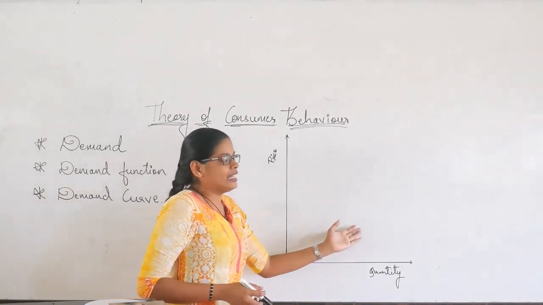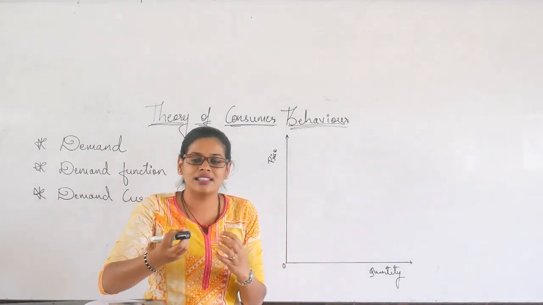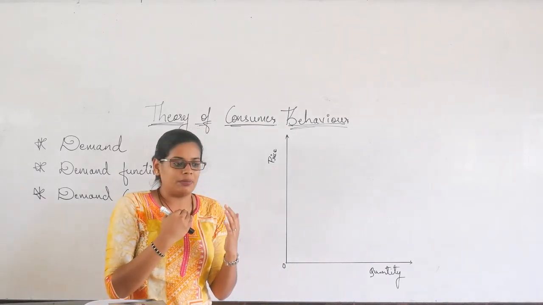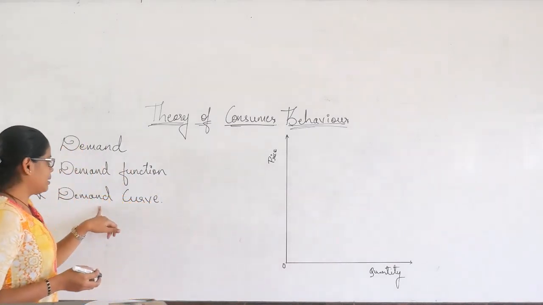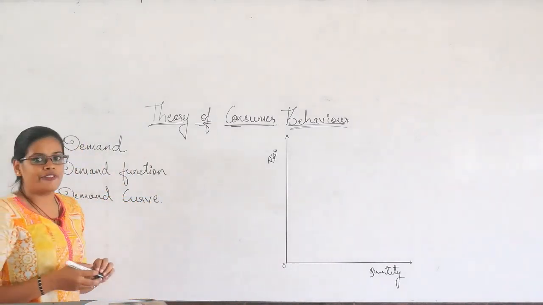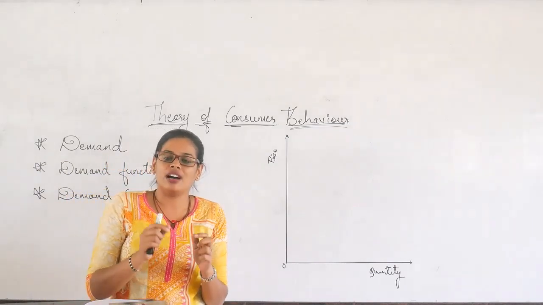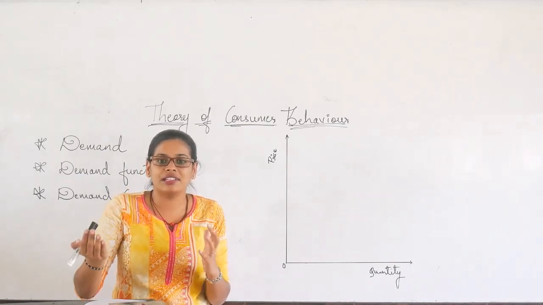The curve tells us how much the consumer is going to buy when there is a change in the price. And what is the demand function? The demand function derives the demand curve, so we should have an algebraic expression that derives the demand curve.